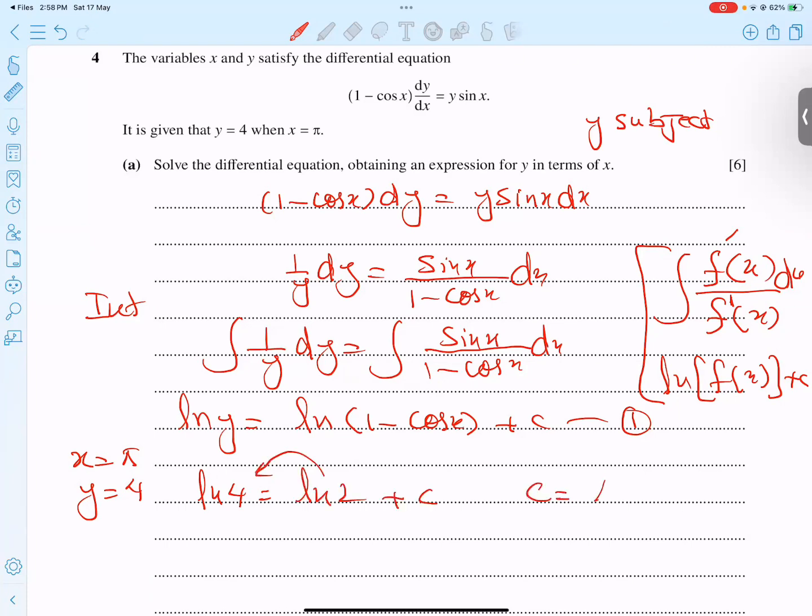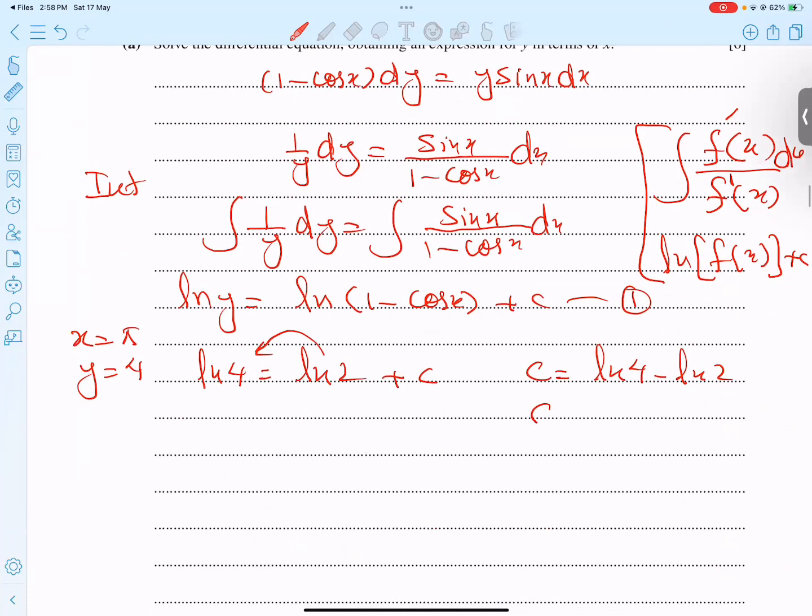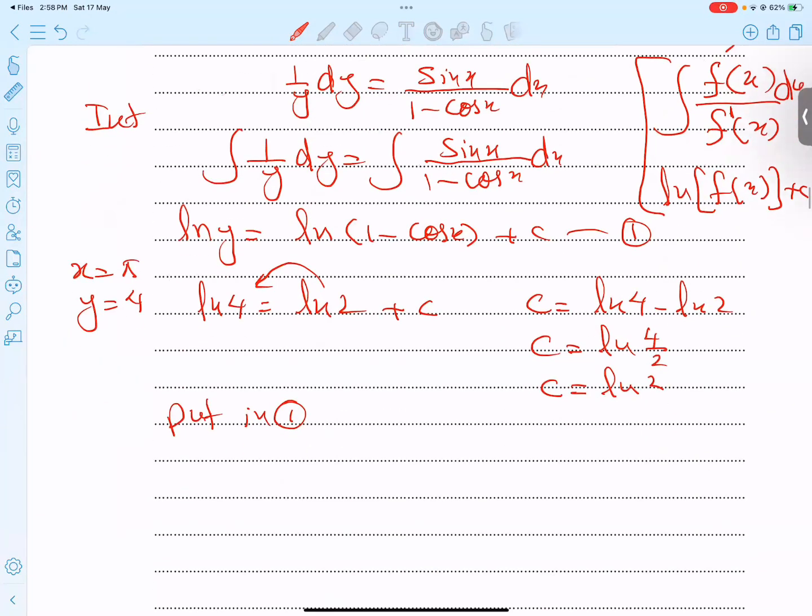So c equals log of 4 minus log of 2. And if subtraction is there, I can divide like this, and I can say log of 2. This I'm putting in 1. When I put in 1, I got log of y equals log of 1 minus cos x plus log of 2.